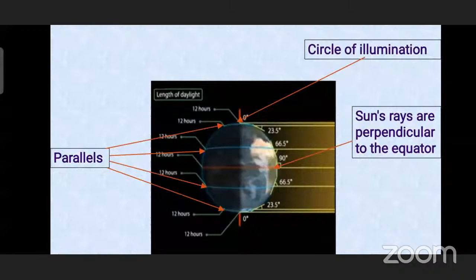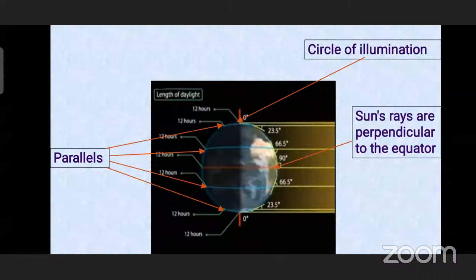And here you can see the sun's rays are perpendicular to the equator. Here you can see that the equator is forming 90-degree angle with the sun's rays, and also the circle of illumination divides all the parallels from North Pole to South Pole into equal parts.